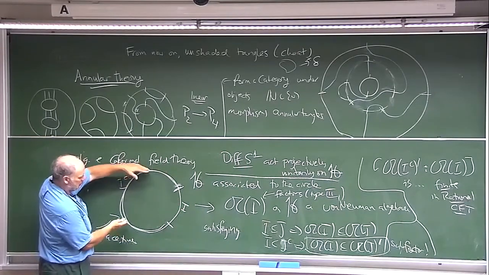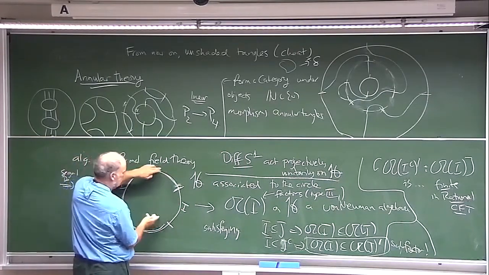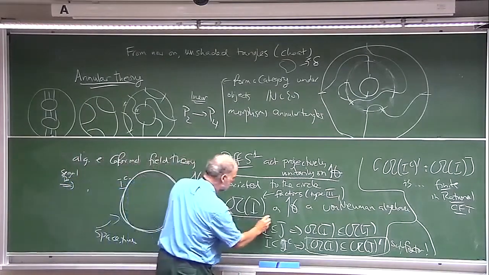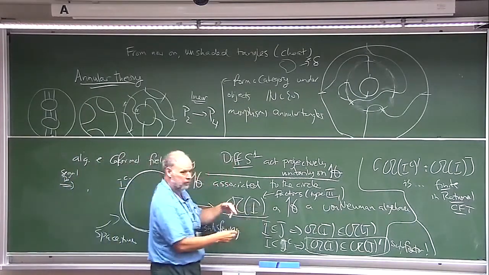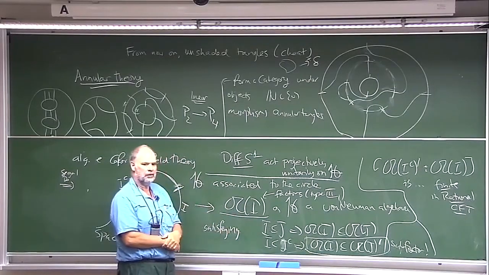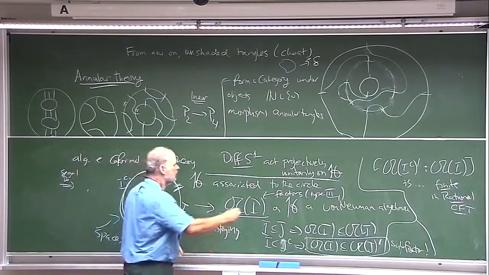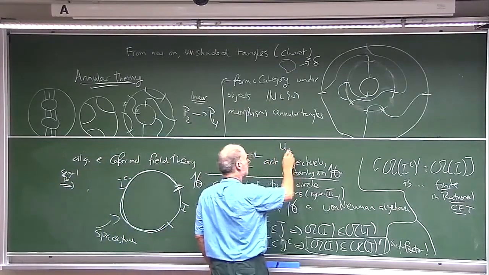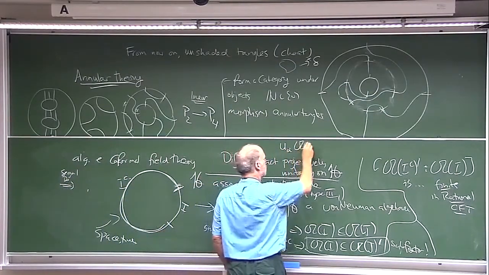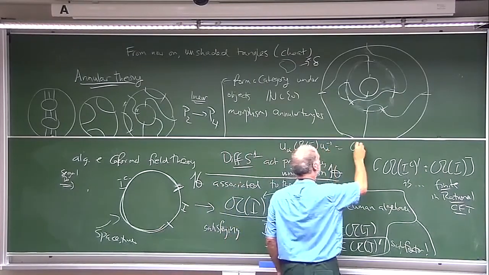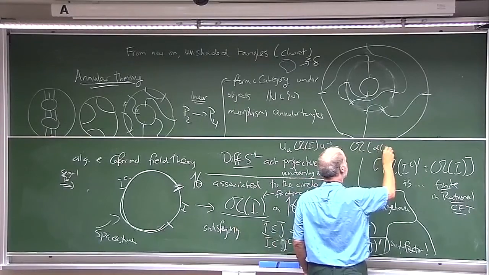So if you have a diffeomorphism of the circle, that's going to transport these intervals among themselves, and in its unitary representation, if you conjugate by the corresponding unitary, it's got to transport the algebras just as the diffeomorphism transports the intervals. So U_alpha A(I) U_alpha inverse equals A(alpha(I)).